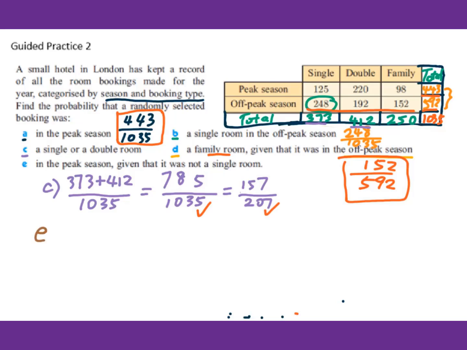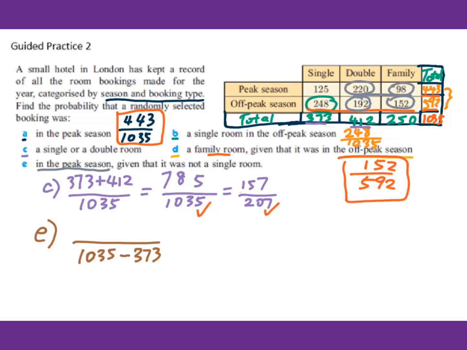Let's go to E. In the peak season, given that it wasn't a single room, you have to use 1035 minus a single room, 373. So you have these four numbers. Among these four numbers, you have to check in the peak season.